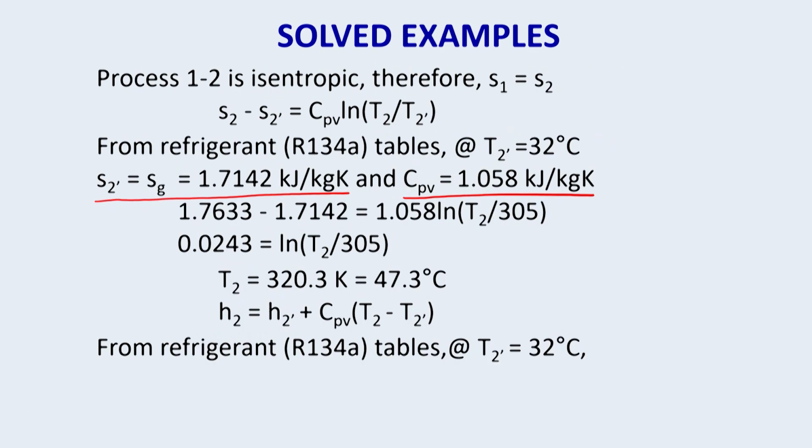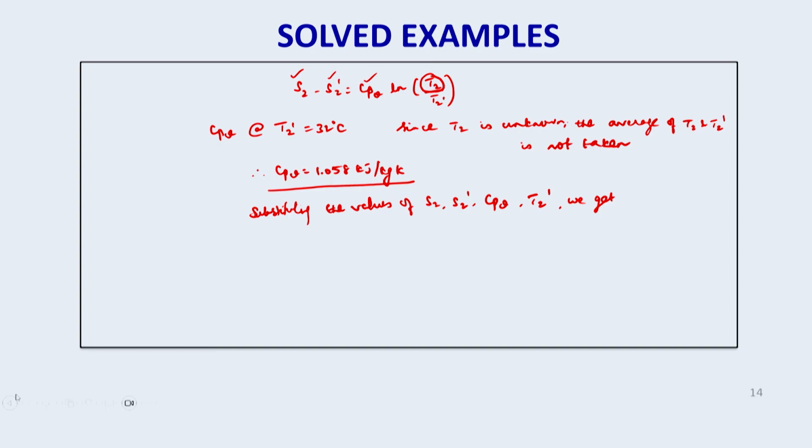This is what I have substituted here. So S2 dash is equal to 1.7142 kilojoule per kg Kelvin.